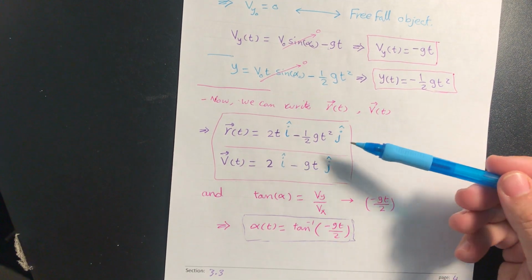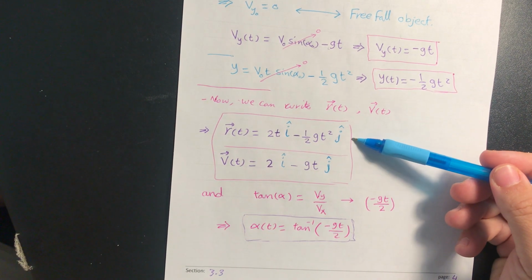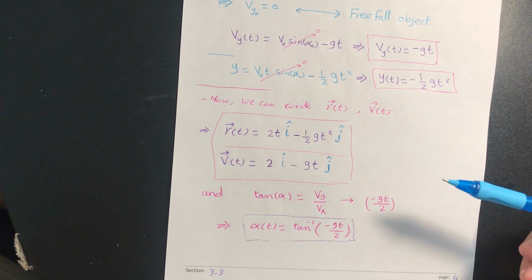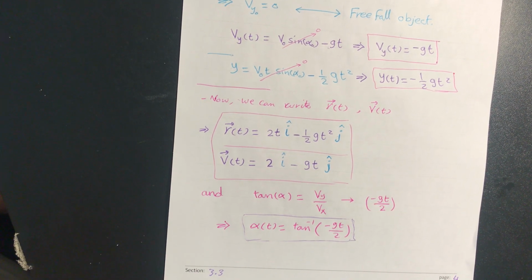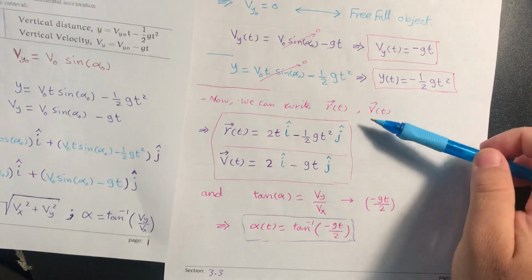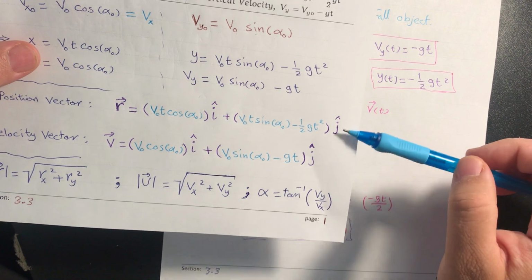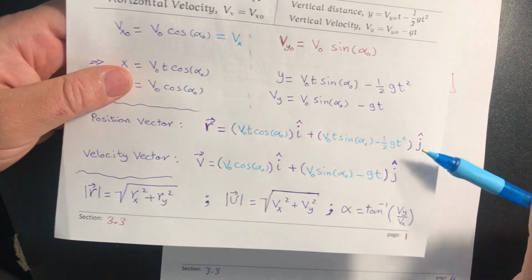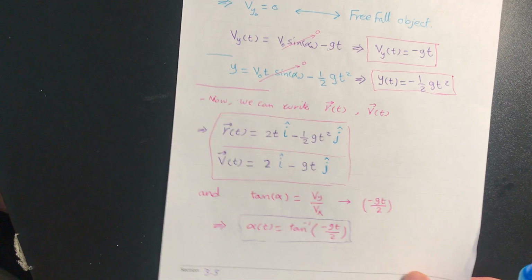So we have the position vector and the velocity vector. These two vectors for our example obey these two relations. Always we can use them and find these vectors directly.